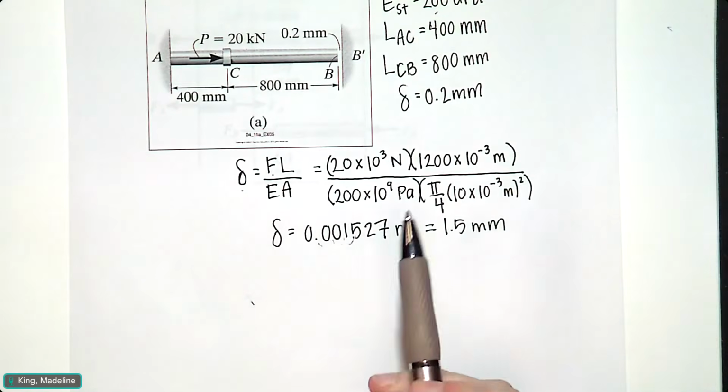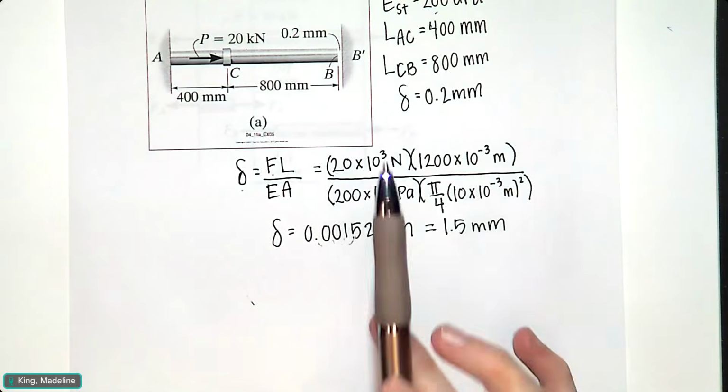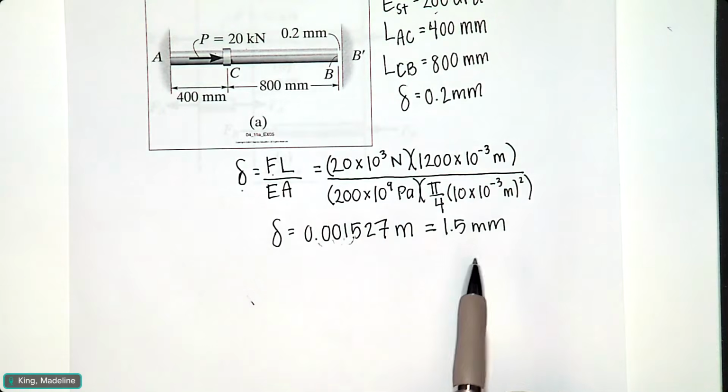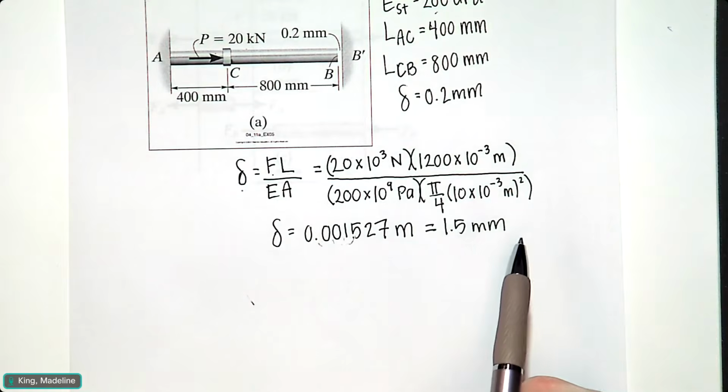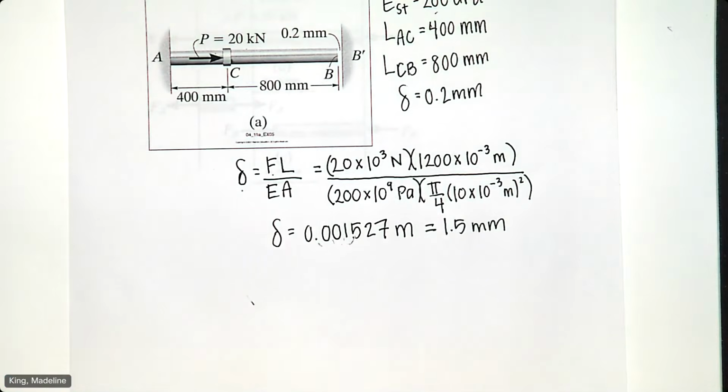So I'm just showing you guys that if this wall wasn't here, the total displacement of the rod would actually be 1.5 millimeters. But because we have the wall, the total displacement is going to be 0.2 millimeters instead.